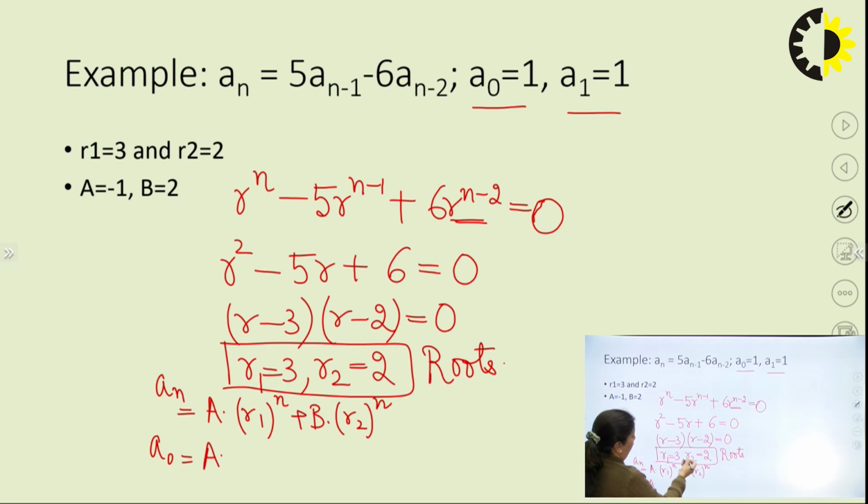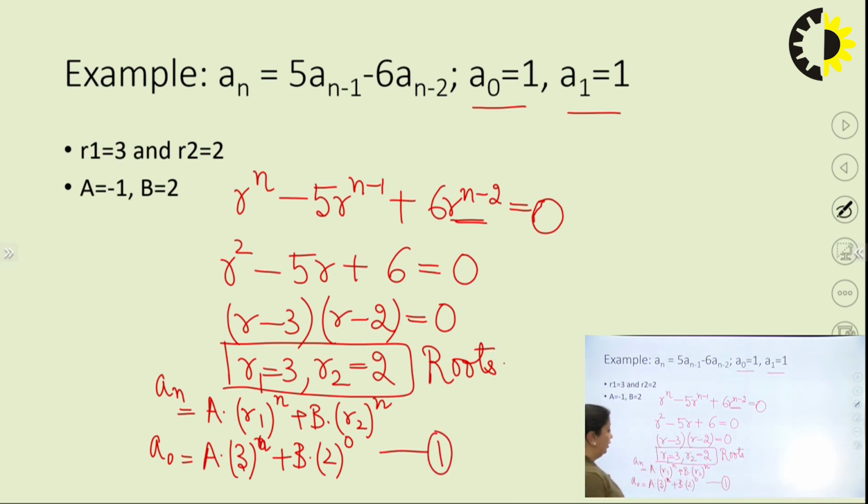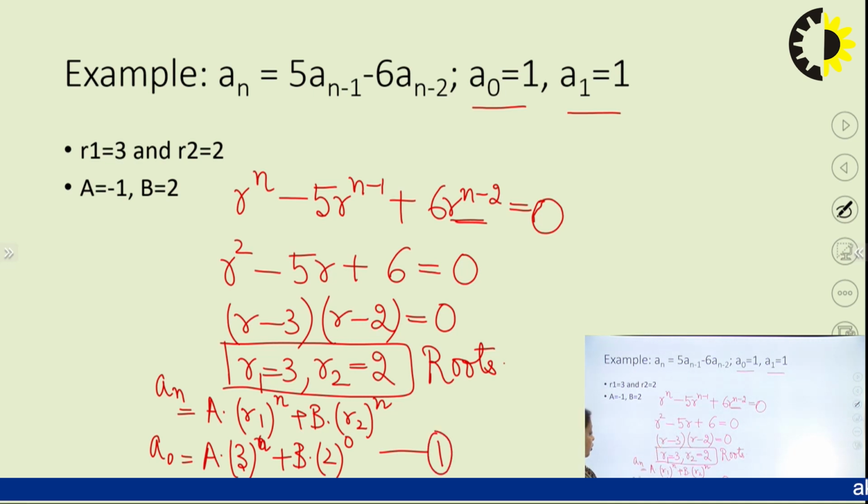What is the value of r1? The value of r1 is 3, so 3 to the power 0, plus B into r2, which is 2 to the power 0. This is my first equation. Then to get a second equation I will substitute n as 1.